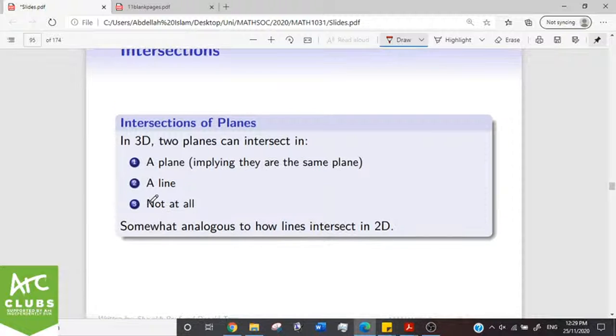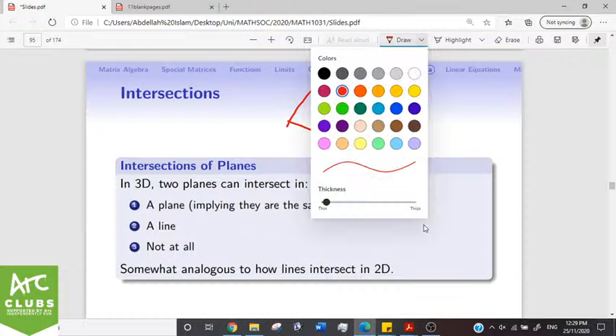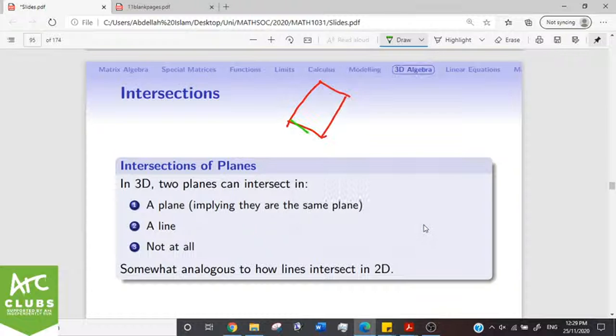There's intersections, of course. So two planes can intersect in a plane, a line, or not at all. So if I draw two planes, if they intersect in a plane, that means that they're the exact same plane, right? So if I kind of draw it out here. So these two planes are the exact same, so they're intersecting in a plane. Planes can also intersect in a line.